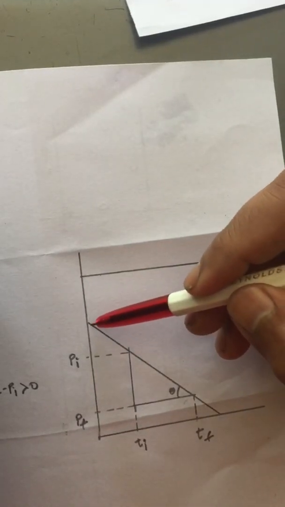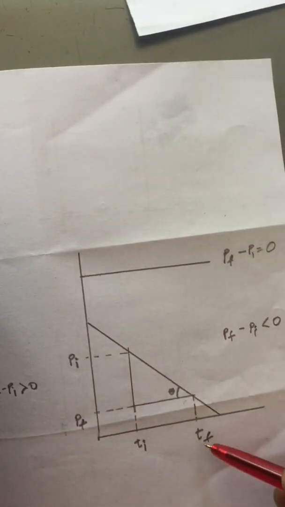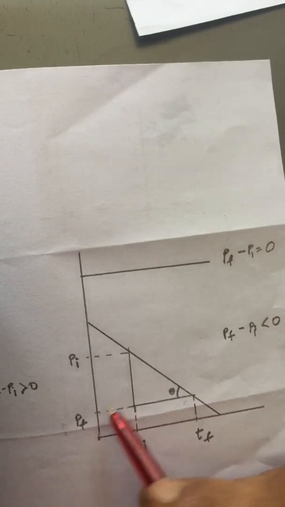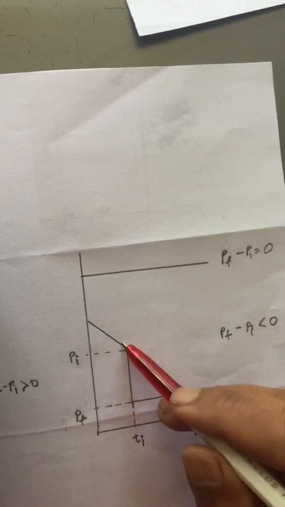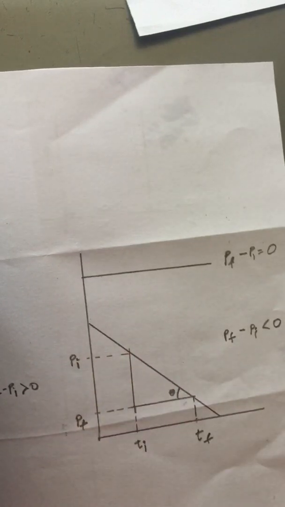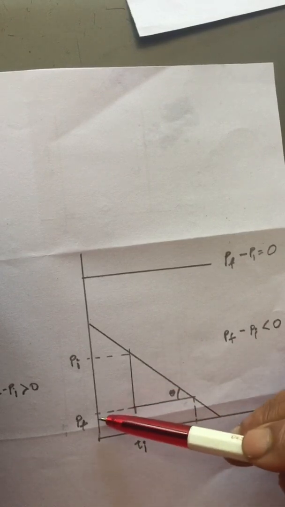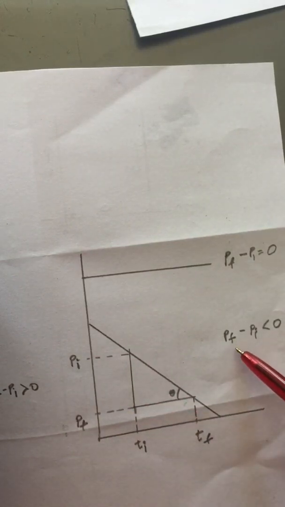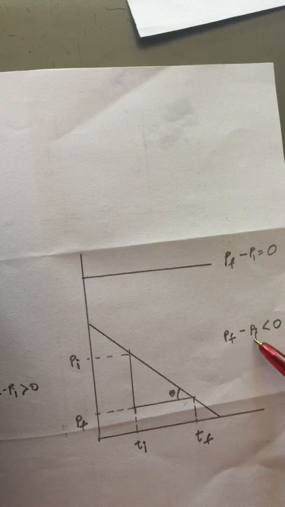In this case, what we find is, this is the final time, tf, and this is the final position, and this is the initial time, and this is the initial position. So if we look at velocity in this case as delta p, p final minus p initial, it is clear that since p final is smaller and p initial is larger, this value will be a negative value, that is, it's less than 0.